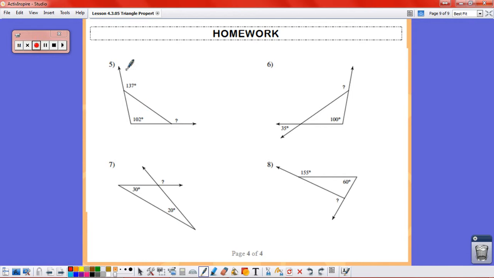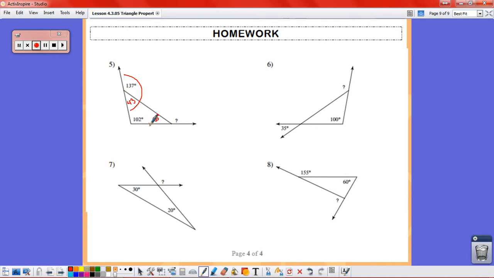Alright, so this is a straight line, which means that these two angles are supplementary. These two angles here. So together they make 180. And from 137, I need another 43 degrees in order to make 180. So now I have two measurements in my triangle, so now I can find the third one. 102 and 43 makes 145, which means that I'm missing 35 degrees to make 180 for my triangle.